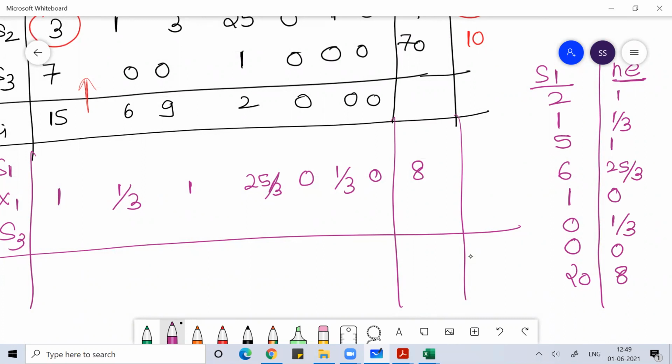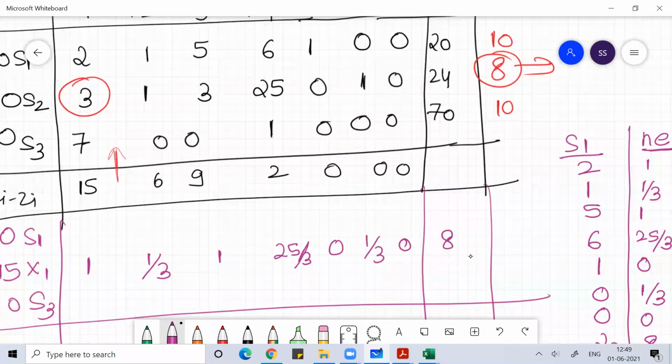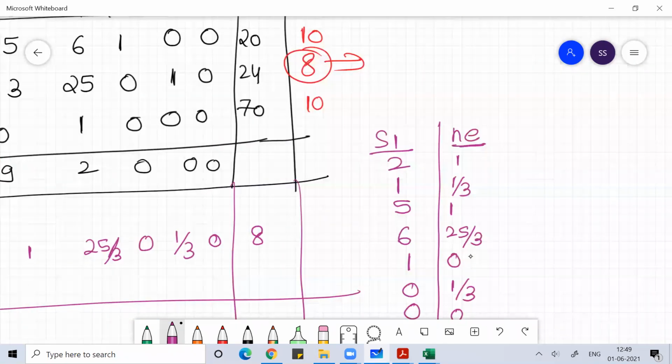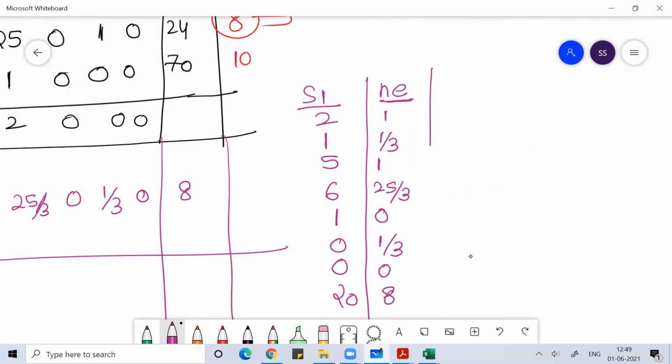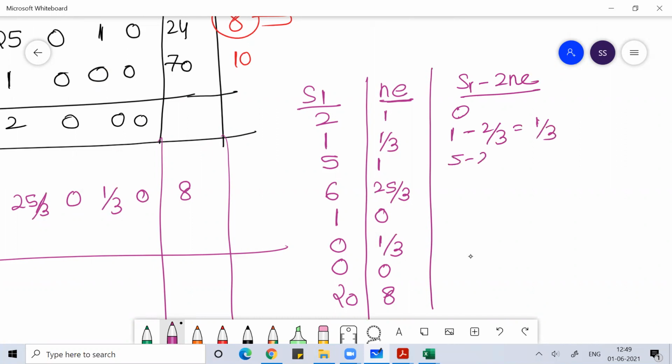The constant for S1 is 2. So 2 minus 2 is 0. 1 minus 2 by 3 is 1 by 3. 5 minus 2 is 3. And 6 minus 2 into 25 by 3 is 50 by 3.